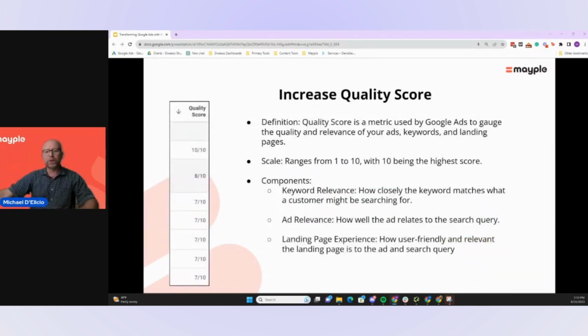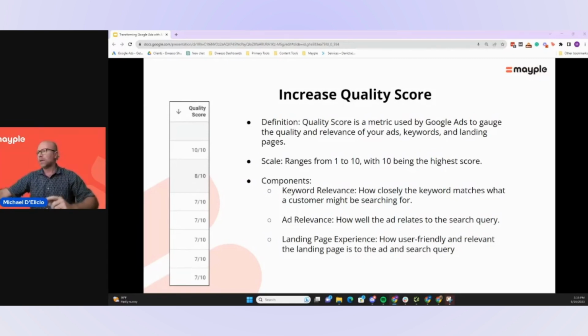One thing that I really want to focus on that I don't hear a lot of people often talk about when it comes to Google Ads, and that's quality score. Quality score, if you're not aware, is a metric that Google gives to keywords to assess the level of quality of any given keyword in that campaign.